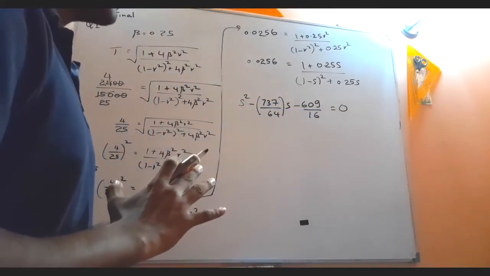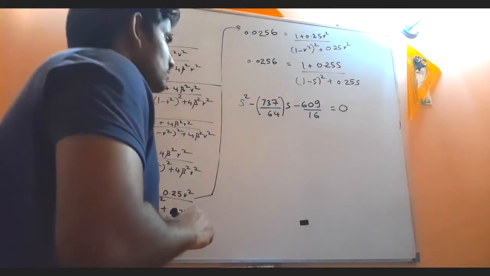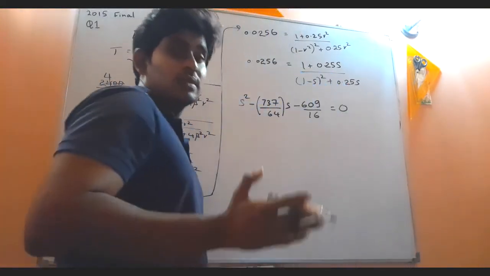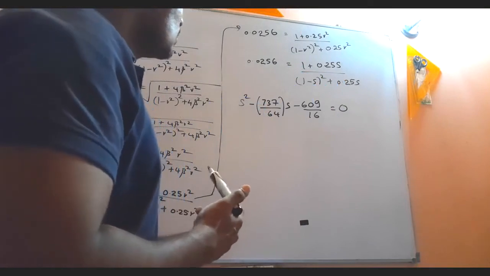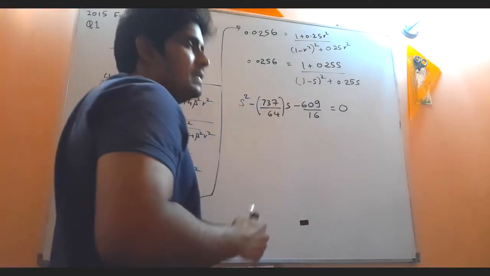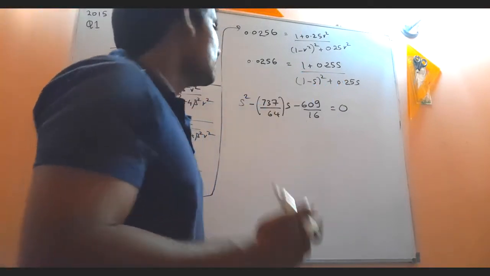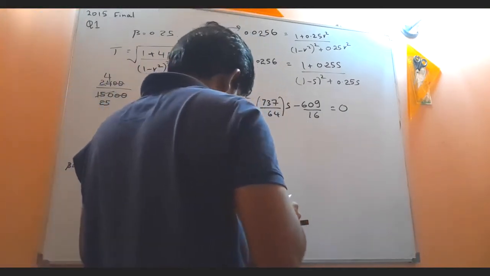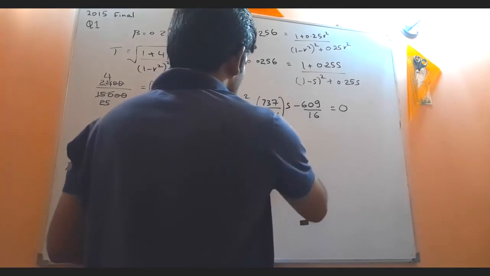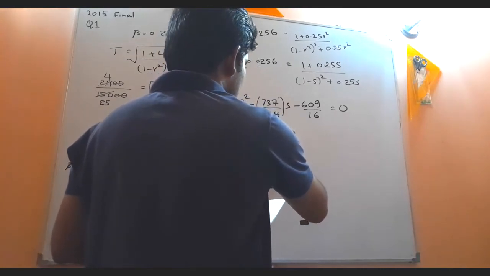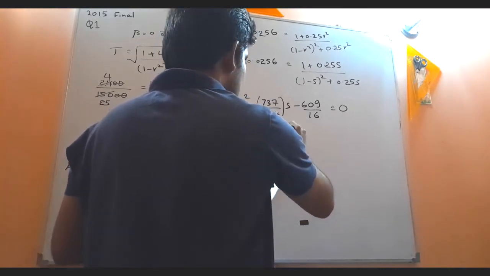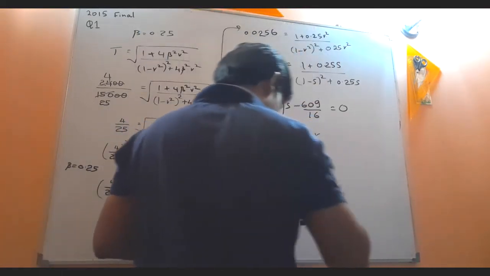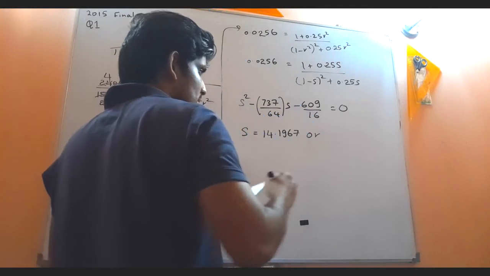So if you solve this, mostly you can use your scientific calculator. Now if you solve this equation, definitely you will be getting two answers. So you will be getting s equals 14.1967 and minus 2.6810.